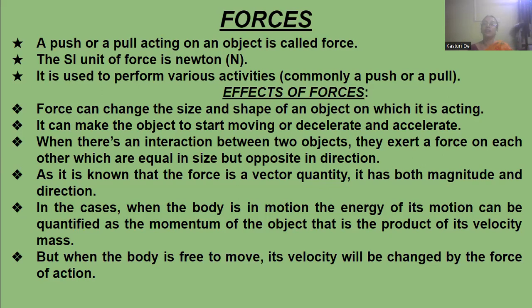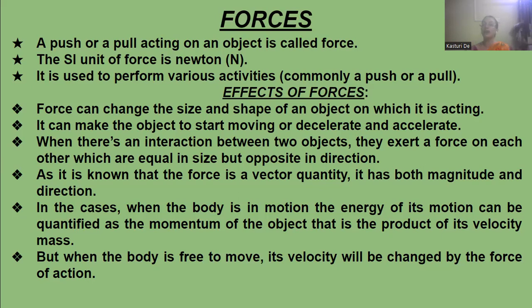When there is an interaction between two objects, they exert a force on each other which are equal in size but opposite in direction. Say two balls, one an iron ball and one a rubber ball. When they are in contact or close to each other, there is an interaction between the two objects.